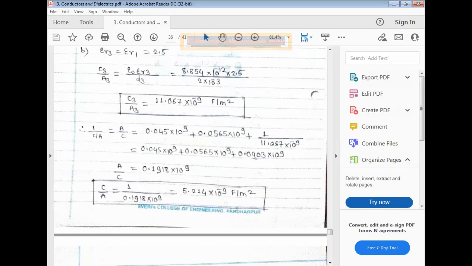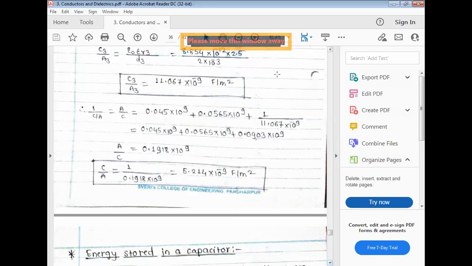Okay, so if you solve this, you are getting the equivalent as A upon C is equal to 0.1918 into 10 raised to plus 9. Again, take the inverse so that you will get the total capacitance per unit area, and it is equal to 5.214 into 10 raised to minus 9 farad per meter square.